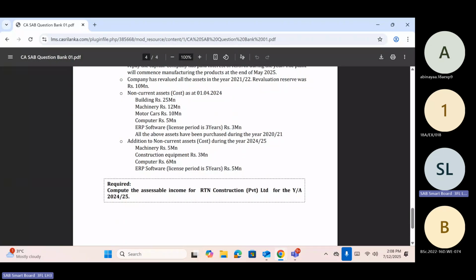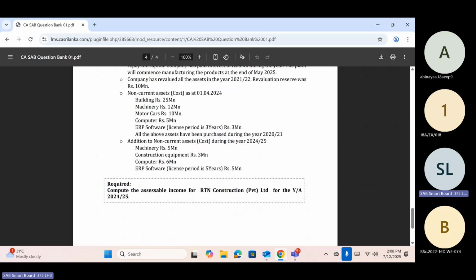After that, this is called taxable income. From taxable income, we can work out the tax by applying the tax rate.